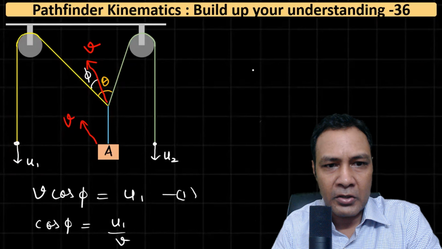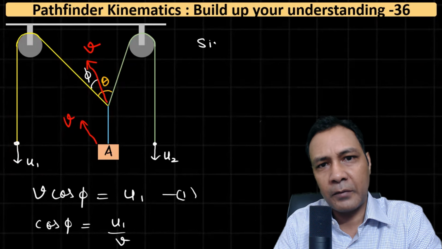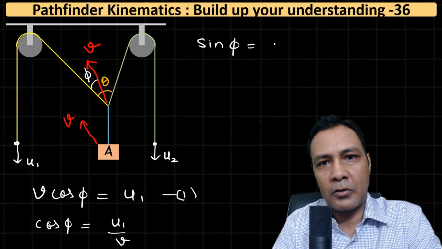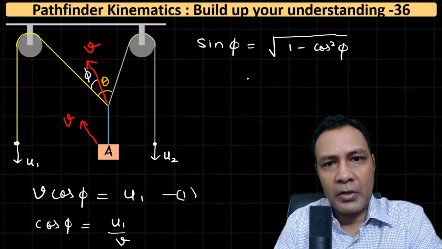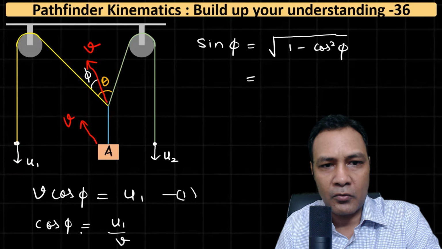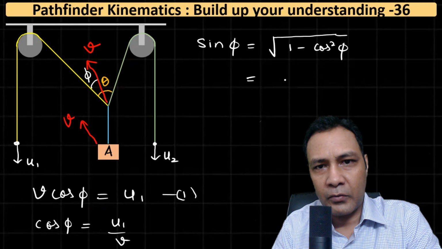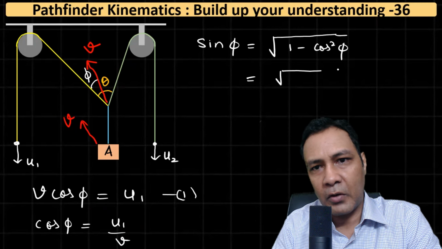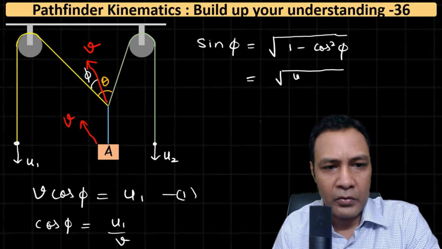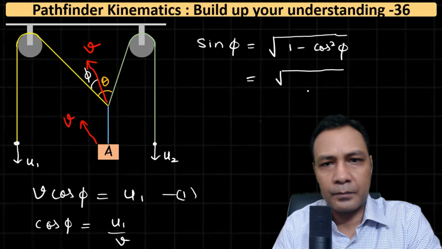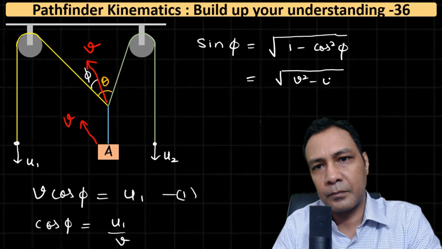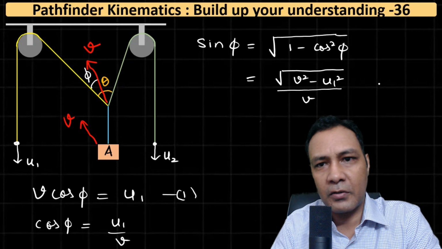I may need sin phi later. So sin phi is equal to square root of 1 minus cos square phi. Putting the value of cos phi here, we get square root of v square minus u1 square, divided by v. So that is the second equation.